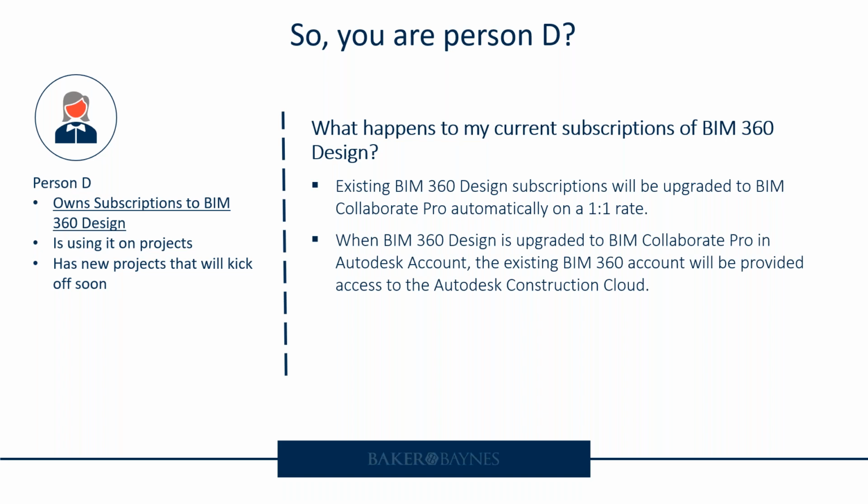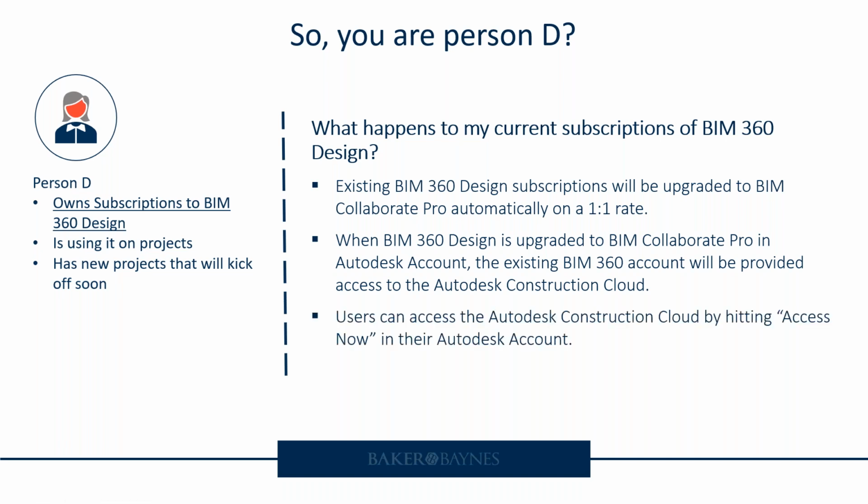Also, when BIM 360 Design is upgraded to BIM Collaborate Pro in the Autodesk account, similar to what we've seen with the previous example, you can choose to either go BIM 360 account, or you will be provided with access to an Autodesk Construction Cloud. So you could go either way in this case.